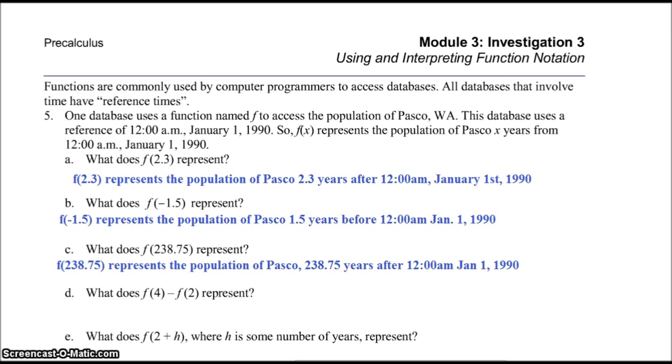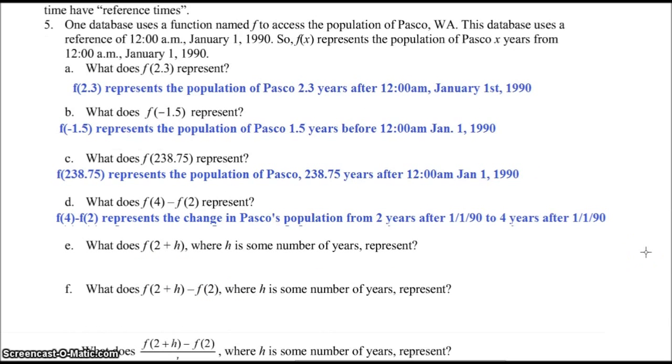We could think about it as a final population value minus an initial population value, or the change. We could also think about this in terms of the actual number of years. 2 years after 1990 will be 1992, and 4 years after will be 1994.